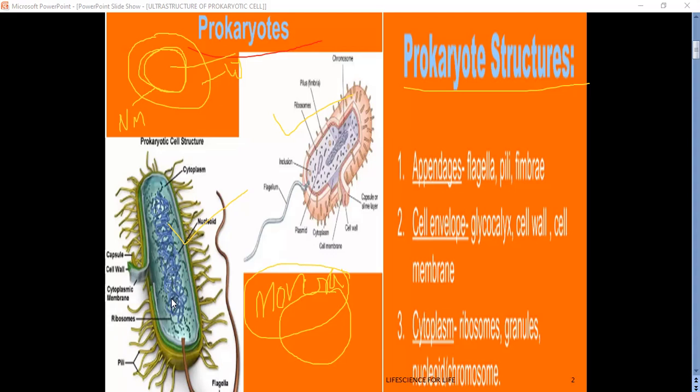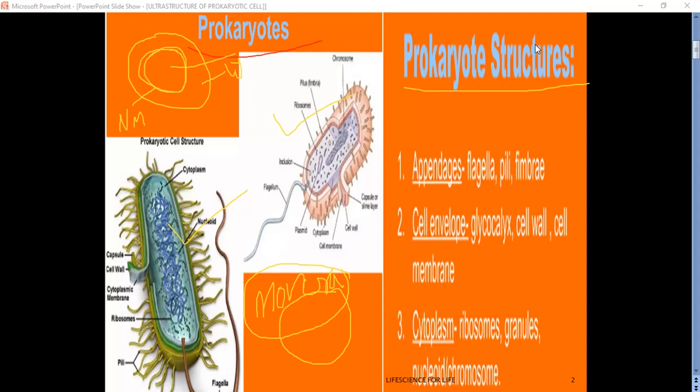But in a prokaryotic cell, no cell organelles are present. The only cell organelles present are the ribosomes. Here it is showing the appendages that prokaryotic cells have, meaning flagella, pili and fimbriae. We will discuss each one later.